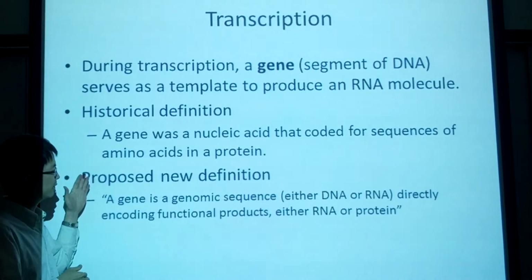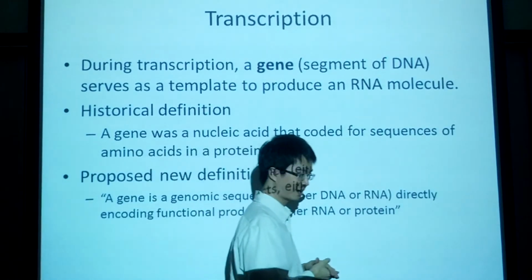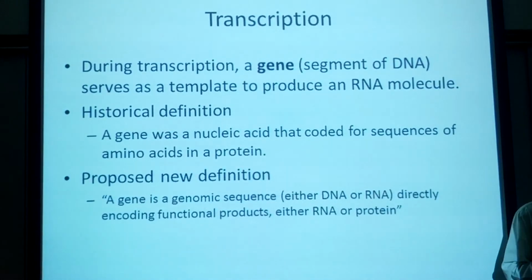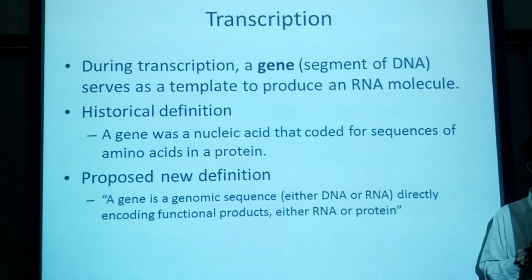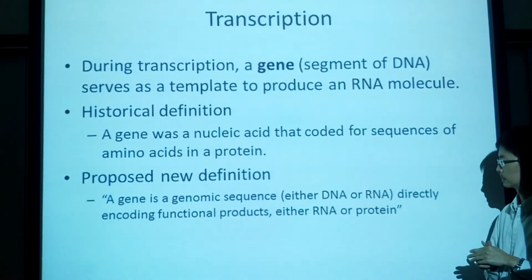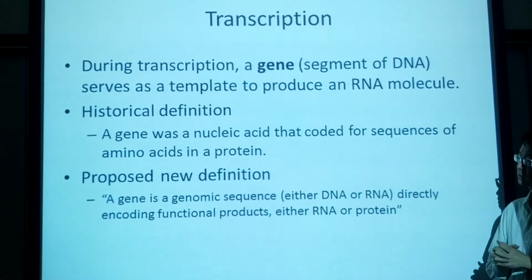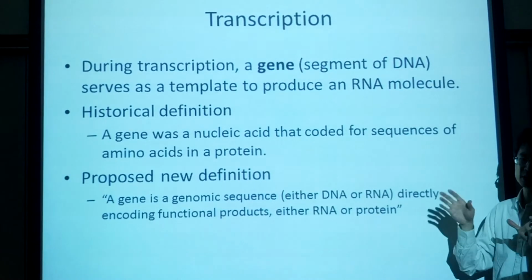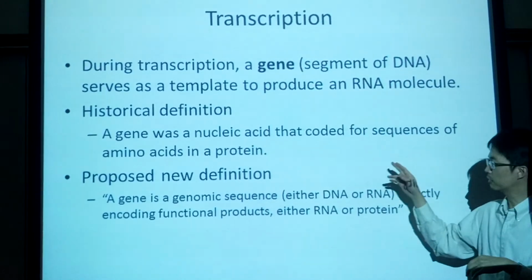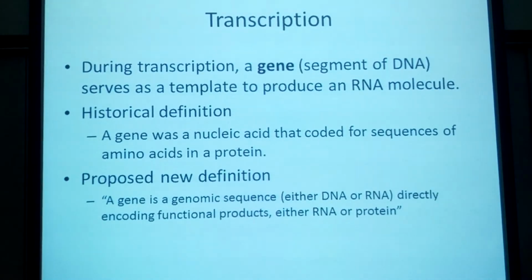These two are, I would say, very complicated definitions. To make it simpler, you can just stick with the historical definition. A gene is basically a segment of DNA that can code for the sequence of amino acids in a protein. I think that is easier to understand.